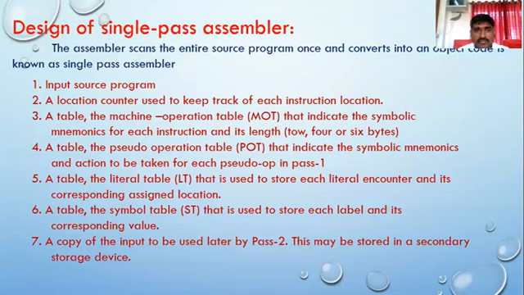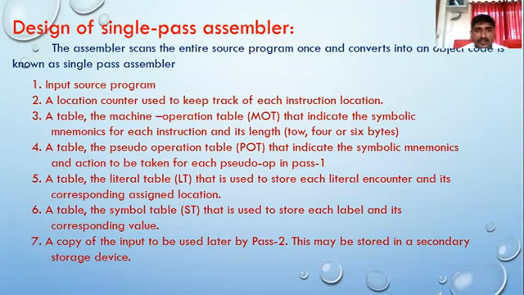Here, in the case of the single pass assembler, we can have one problem called the forward reference problem, which is handled with the help of the back patching method, and it was also discussed in a previous lecture. Now, what task should be performed by the single pass assembler?